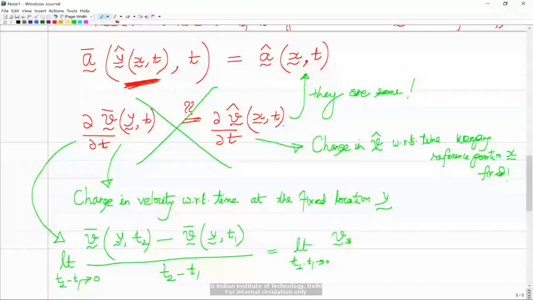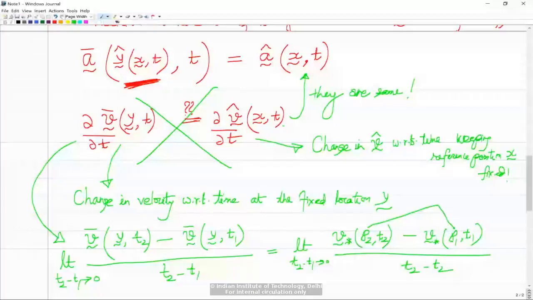So it's like you have v star of some particle p2 at time t2, minus v star of particle p1 at time t1, and then you are dividing by t2 minus t1. So this obviously can't be acceleration. In order to have acceleration, p2 and p1 must be the same, but they are not the same here, therefore it can't be acceleration. So that's the reason why those two derivatives are not matching.